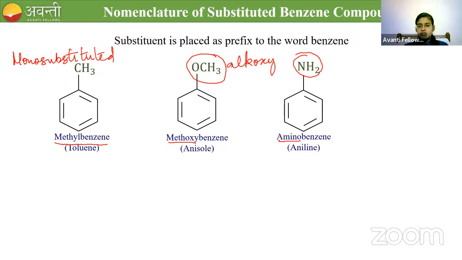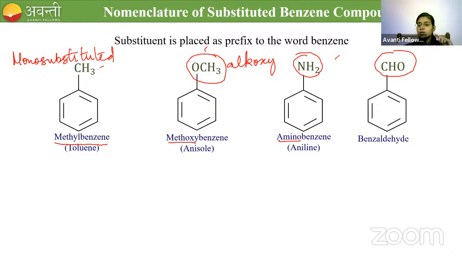Then, if I have CHO, this is called benzaldehyde. Here we don't have a prefix because it is a main functional group. All these others are substituents, but CHO is an important functional group which comes in the first few in the priority order, so it is called benzaldehyde.